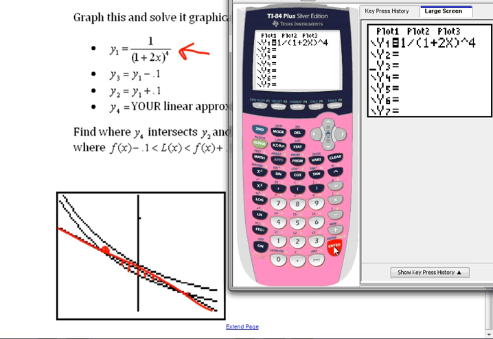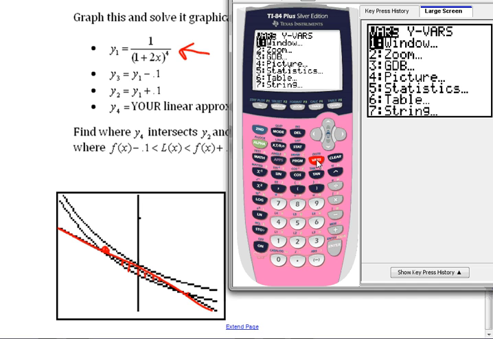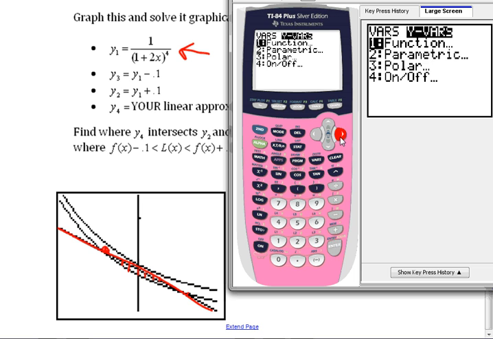Okay, so I don't have my L in there for some reason. So in y2, let's do what I say. It's y1 plus 0.1. Oh, there it is. Now, if you have the new operating system, you can just go alpha calc, but I'm going to turn this on. And it's vars. Remember how to do this? y1.